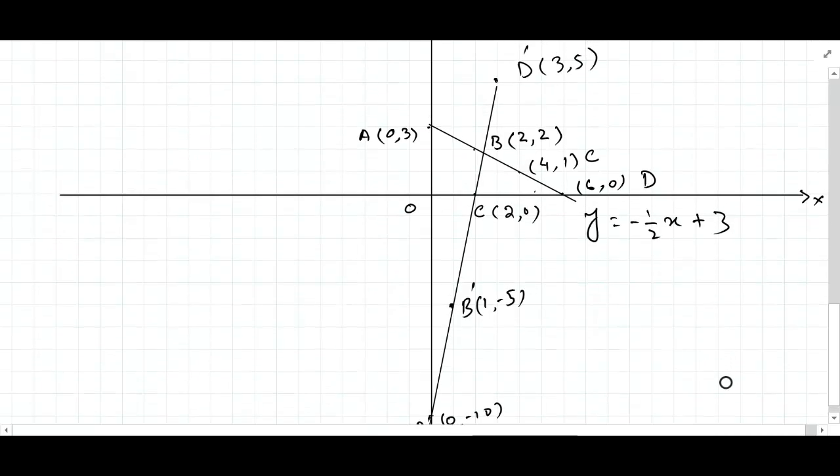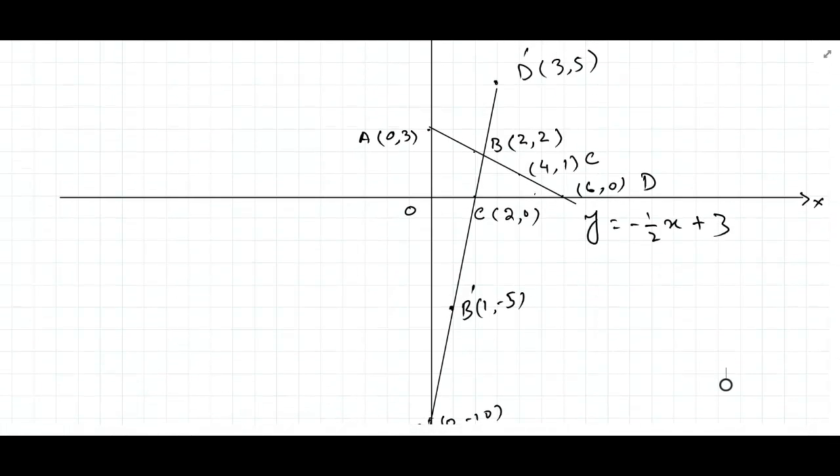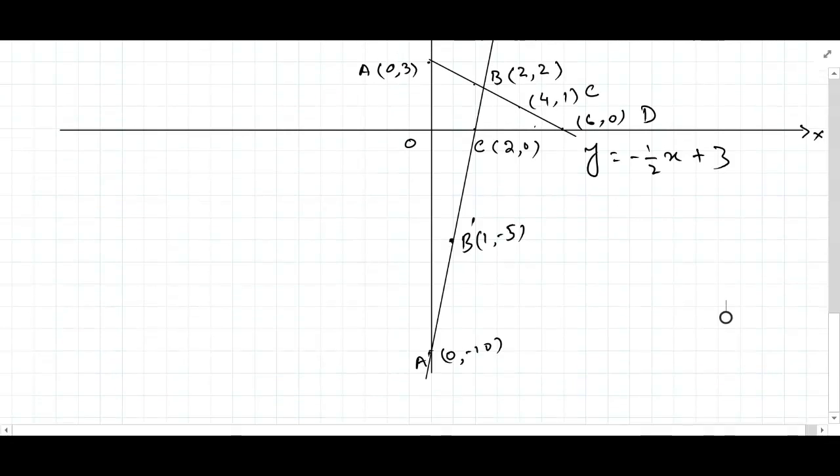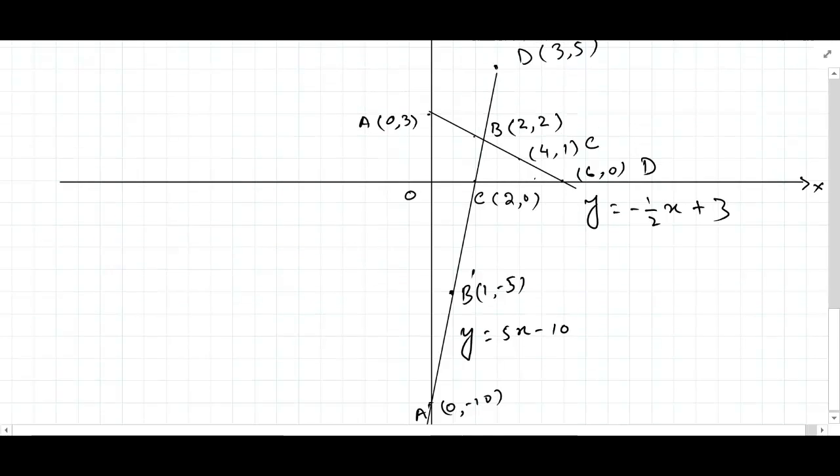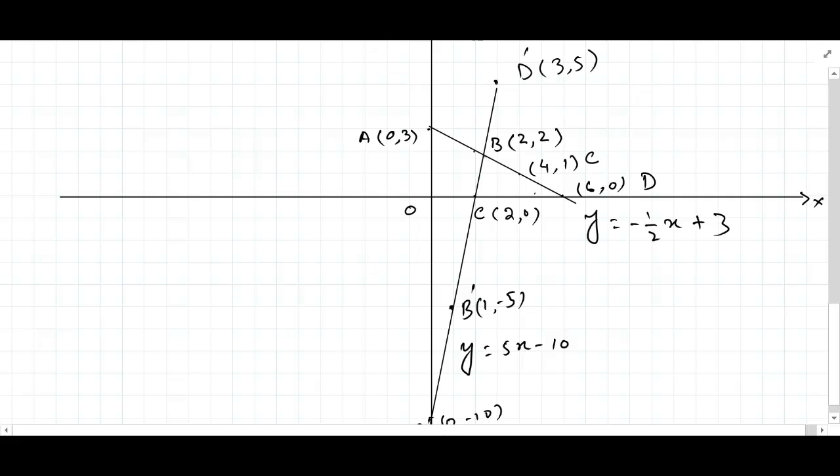Here, this is the line, and the equation for this line would be y equal to 5x minus 10. That's the line for this. And this is the point of intersection, which must be a solution.